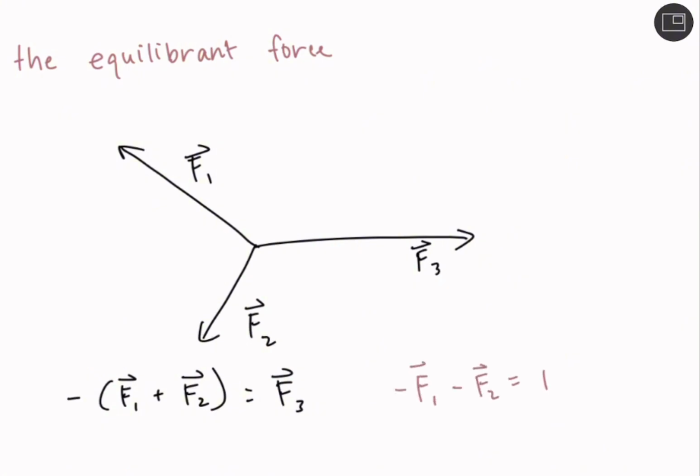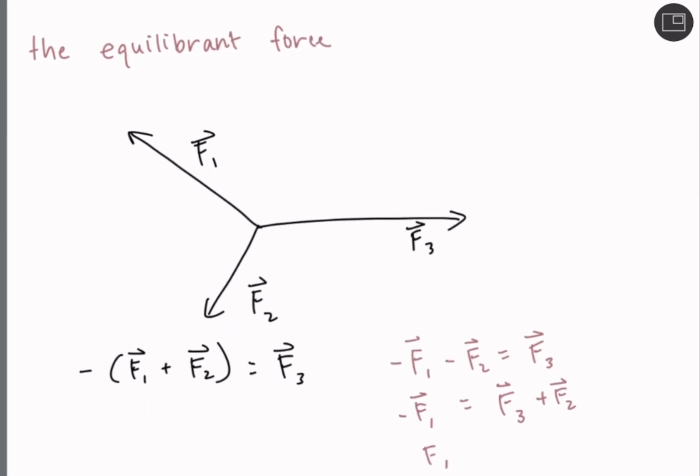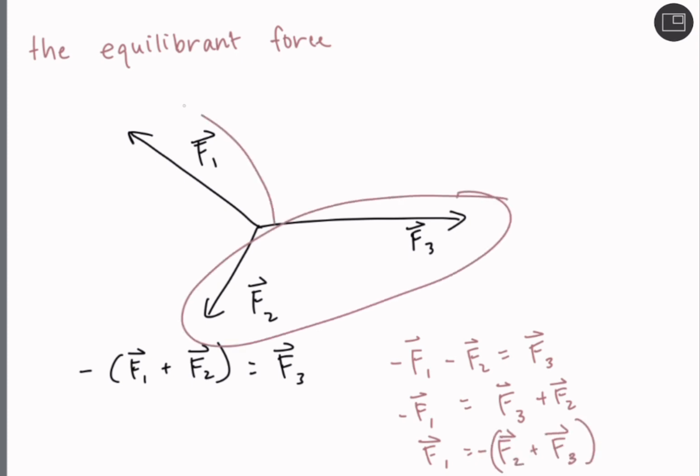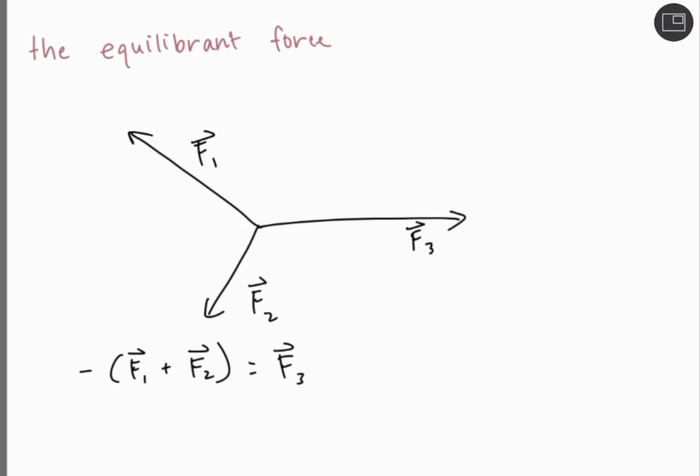Now we can actually show algebraically that from the equation on the left, we can derive that force 1 is equal to the opposite of the sum of force 2 and force 3. So the sum of force 2 and force 3 is equal in magnitude but opposite in direction to the equilibrant force, force 1. So the last equation that we can derive from this is that force 2 is equal in magnitude but opposite in direction to the sum of force 1 and force 3.